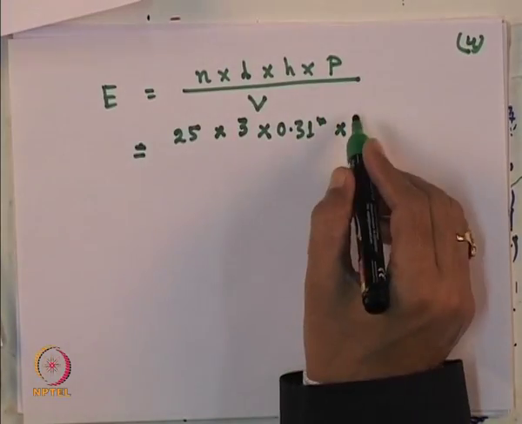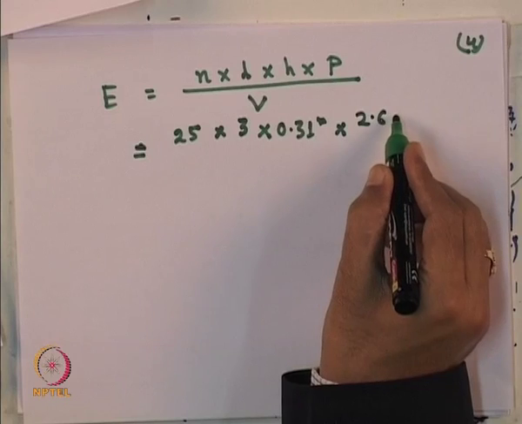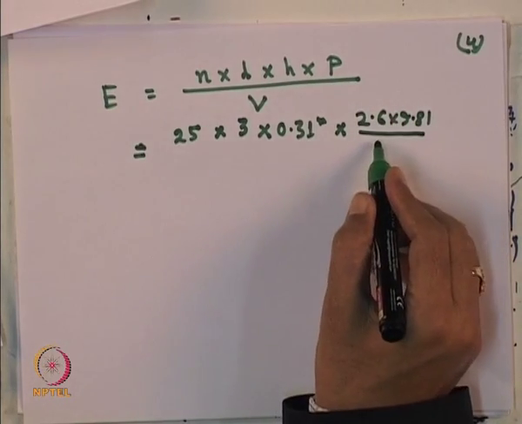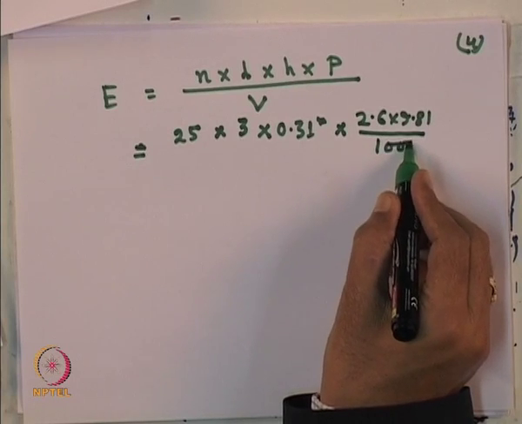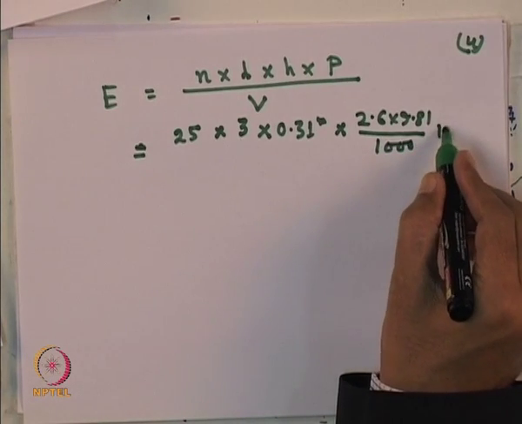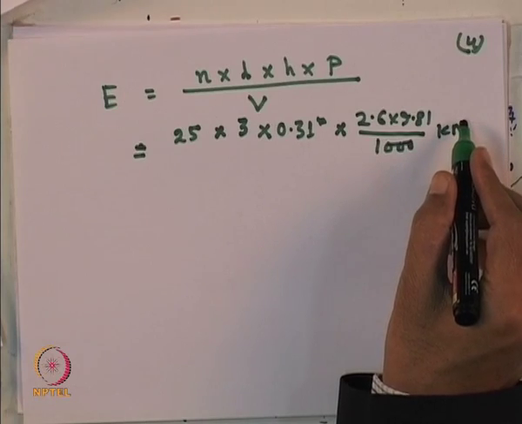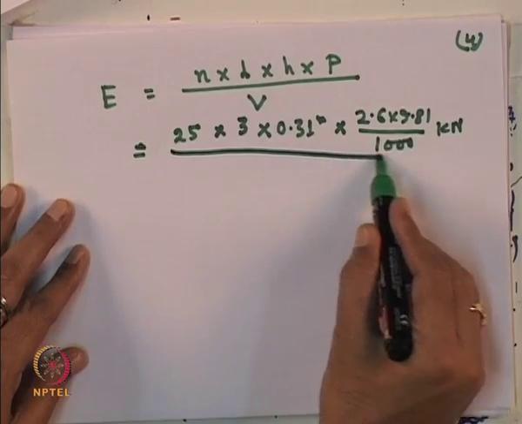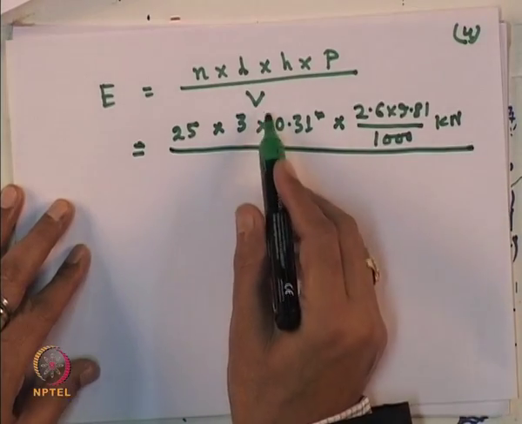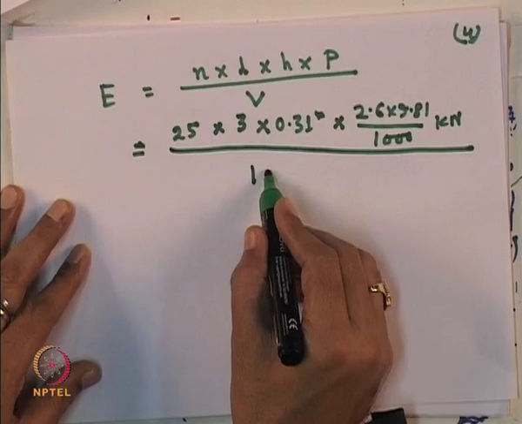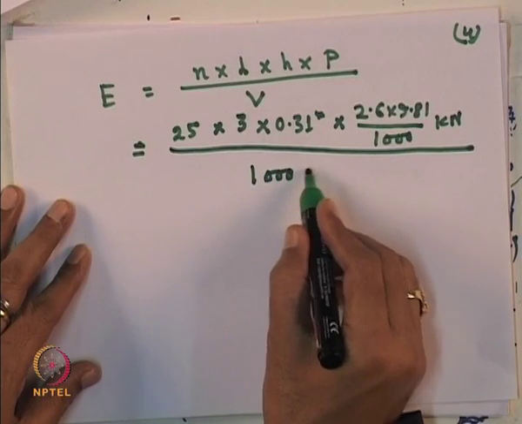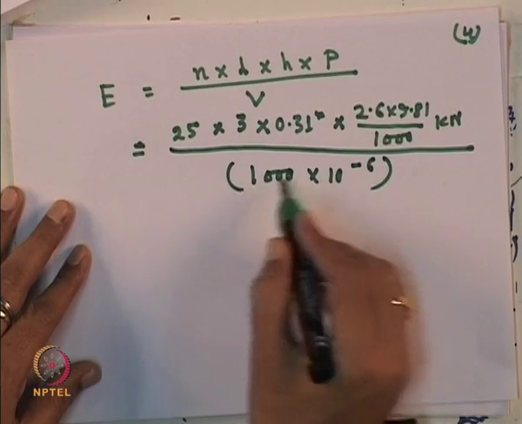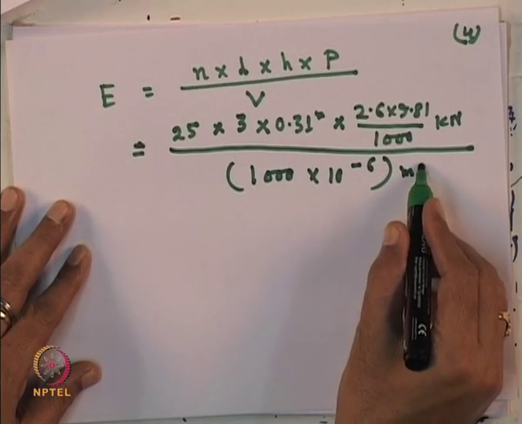So, we can write 2.6 into 9.81, this divided by 1000, this is in kilonewton. So, this is P, this divided by the volume in meter cube, it will be 1000 into 10 to the power minus 6 meter cube.